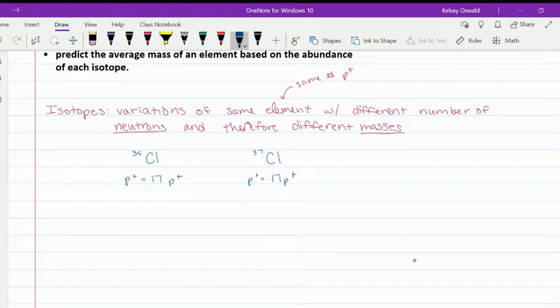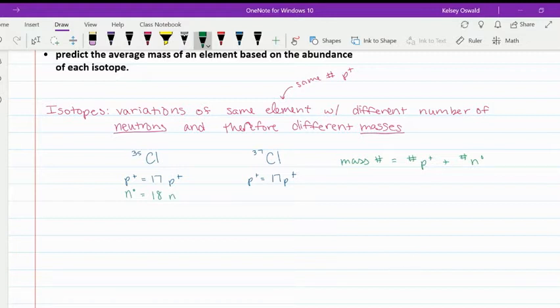What's going to be different, though, is our amount of neutrons. To figure out how many neutrons we have in each of these, we need to remember that our mass number is equal to our number of protons plus our number of neutrons. So if we look at our first isotope, Cl35, if our total mass is 35 and 17 of that comes from our protons, that means we need the remaining 18 to come from our neutrons.